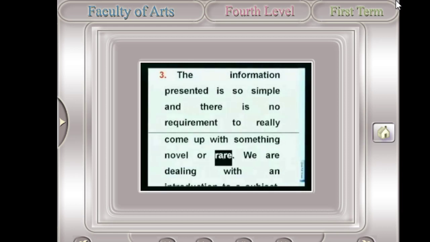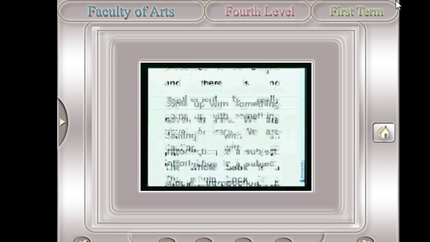We do this if we study for a PhD in the subject or an MA, or if we continue our study in this particular subject. But because this is a mere introduction, we need to get the information and then present it well. Later on, we discover what's really novel, new, or something rare nobody else said before.